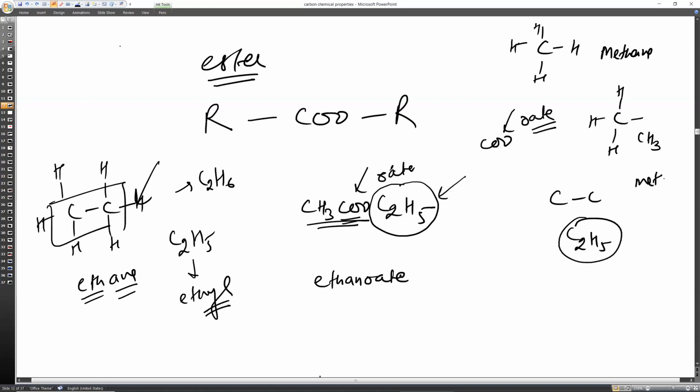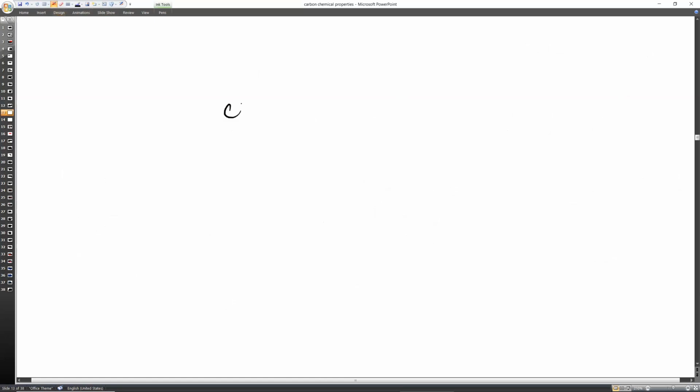It will become methyl. So write the name of this one first, methyl, and then ethanoate. If it is written CH3 COO CH3, it is methyl ethanoate.